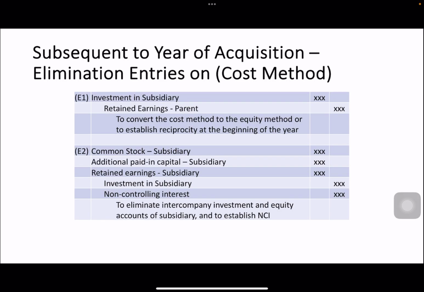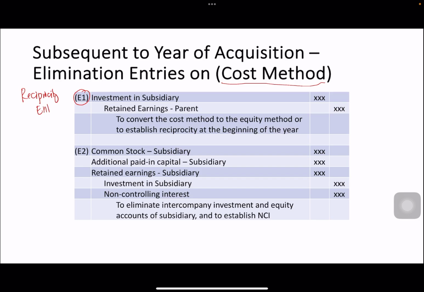Let's now proceed to the second year of acquisition, or the year subsequent to year of acquisition. Assuming that the parent uses cost method to account for investment in subsidiary, the first eliminating entry to be prepared on the second year is referred to as the reciprocity entry.